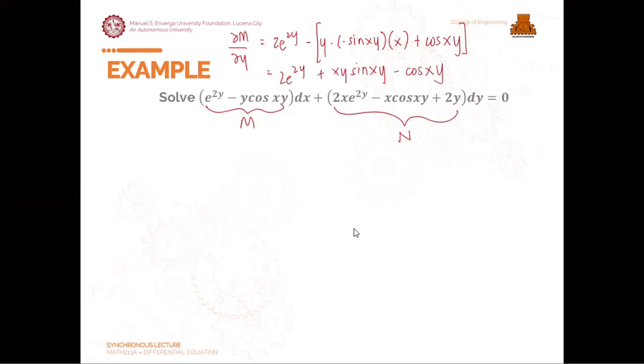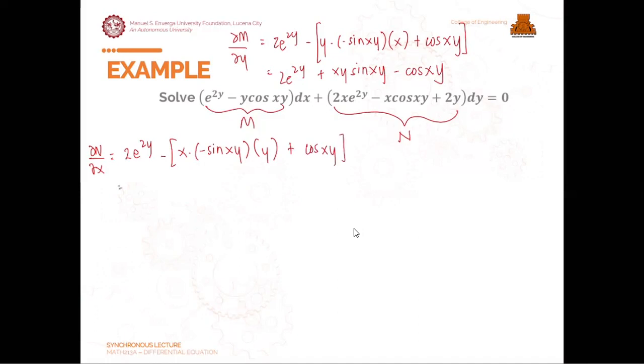Then we try to get yung kasunod, yung sa N. So partial of N with respect to x will be equals to 2e^2y, okay, minus, so product tayo, we have x times negative sine xy times y plus cosine of xy, then yung 2y will be 0.